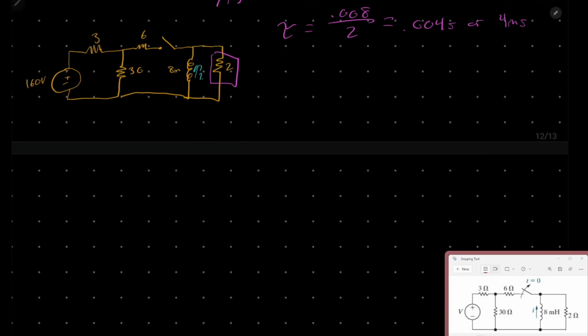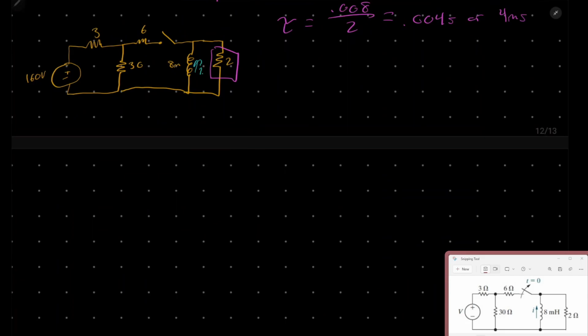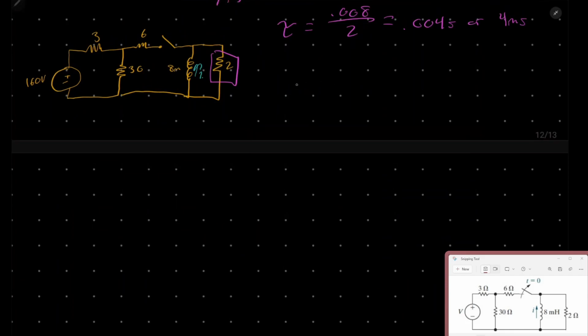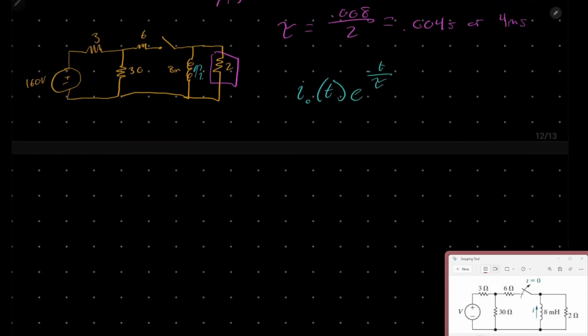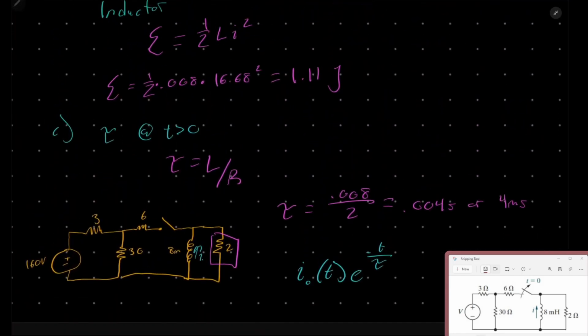Let's remember the form for the discharge of the inductor is x of t, or in this case I of t, equals initial I times e to the negative t over tau. So we can replace these variables with what we found.